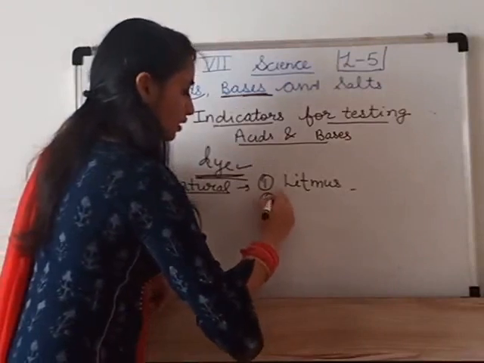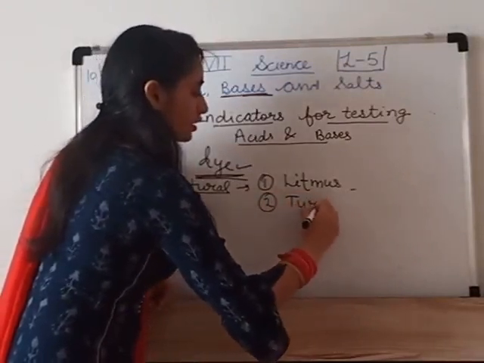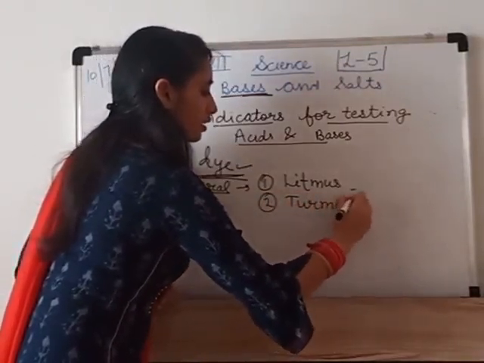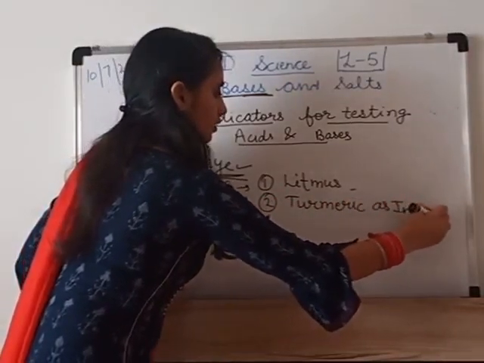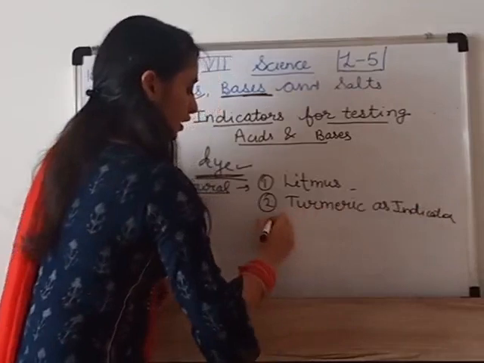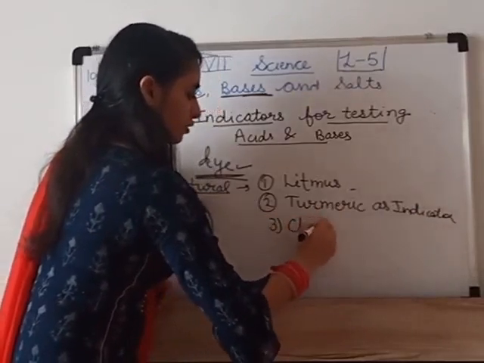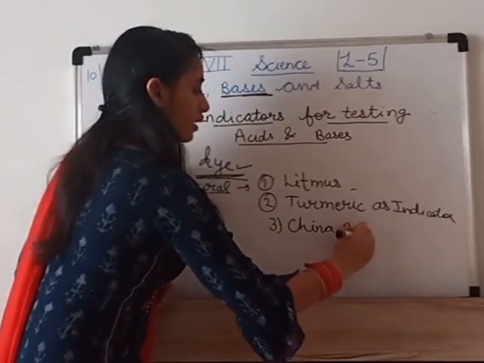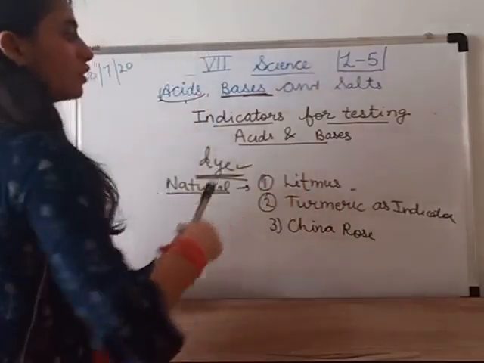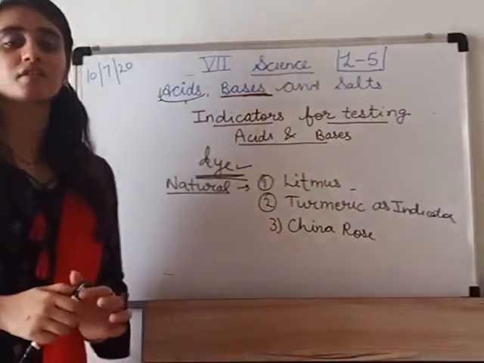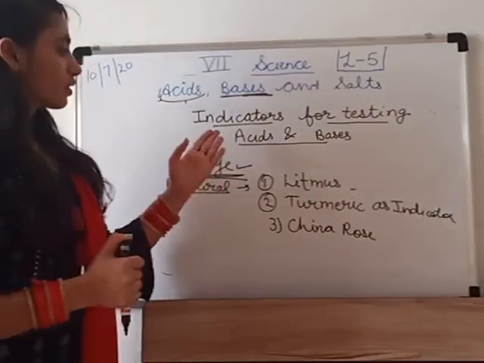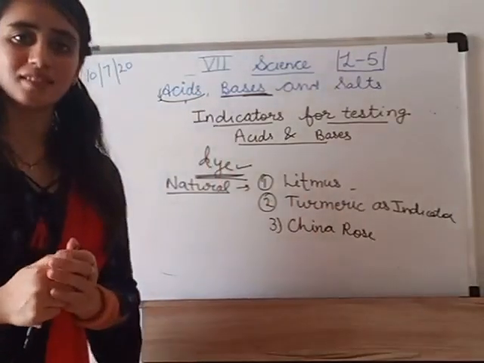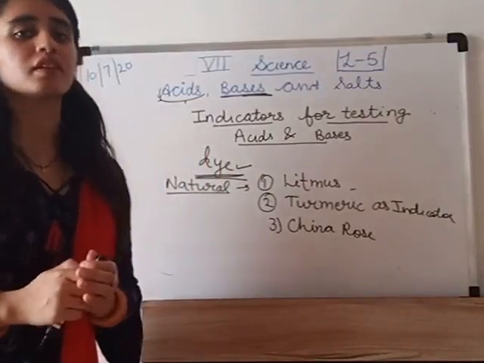Next one is turmeric as an indicator. Next one is China rose. These are natural indicators which we use in testing whether a substance is acid or basic in nature.